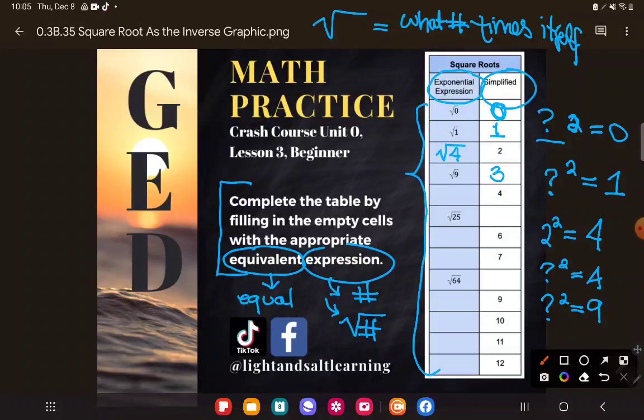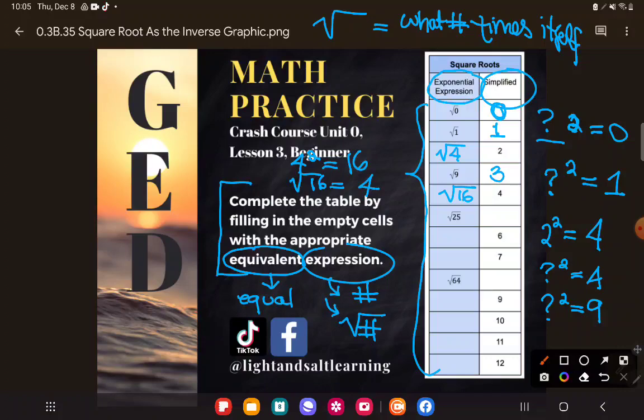Now I have another one moving backwards, and I'd like you to put in a square root expression here. So, what number would I have to square root to get 4? Well, again, think of it the opposite way. 4 squared is what? It's 16. So if 4 squared is 16, we can move backwards and say then that the square root of 16 is 4.